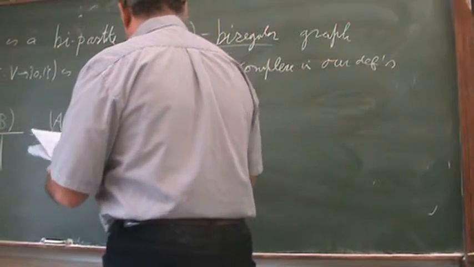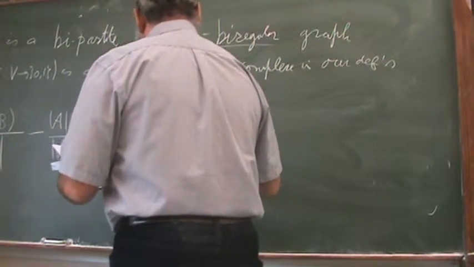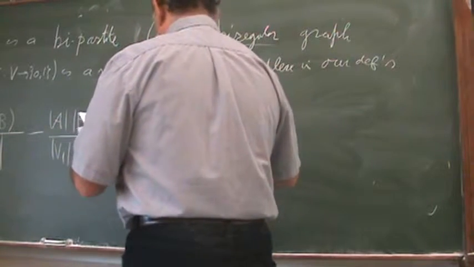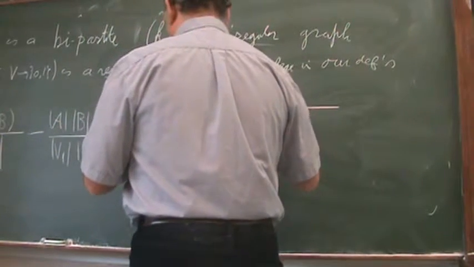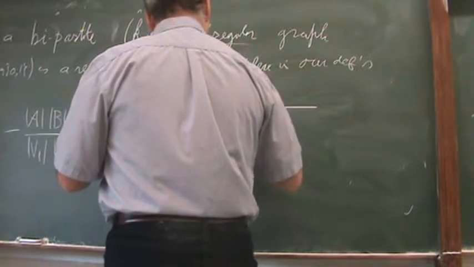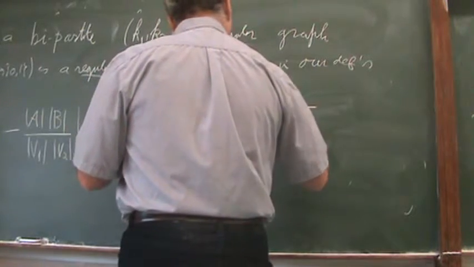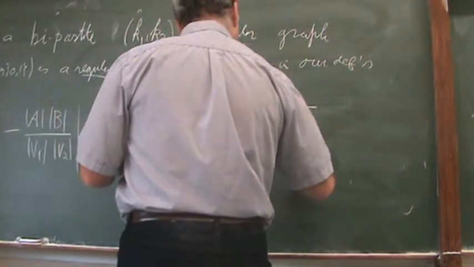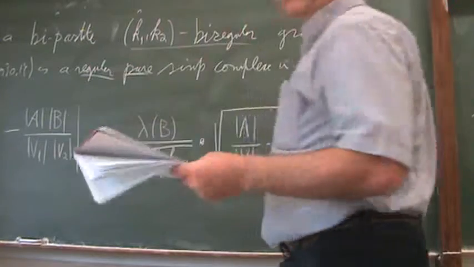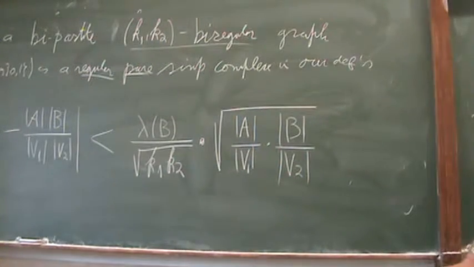I took this out, it's the next one, divided by K1, K2, times square root of A over V1 times B over V2, right? That's this.